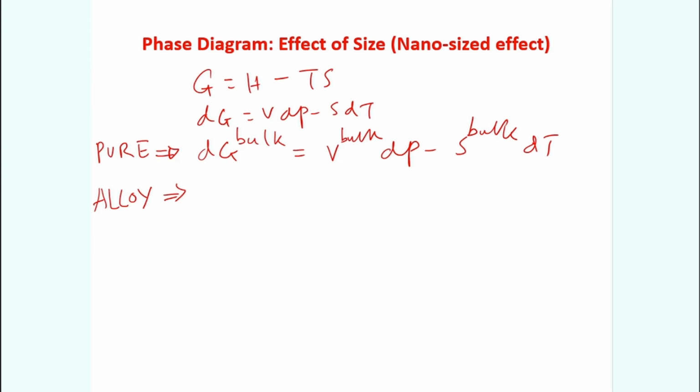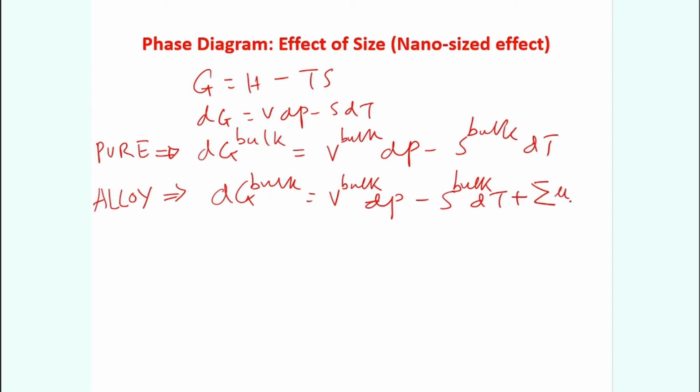When you have an alloy, you have an additional term. dG bulk is V bulk dP minus S bulk dT plus the chemical potential terms, summation of mu i dNi bulk, i going from 1 to n. Yes, you can have a solution consisting of n number of components. Okay, it does not matter whether n is 1 or n is 2, it can be generalized.